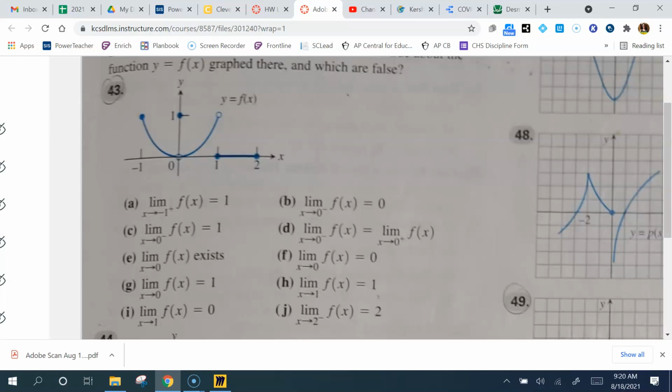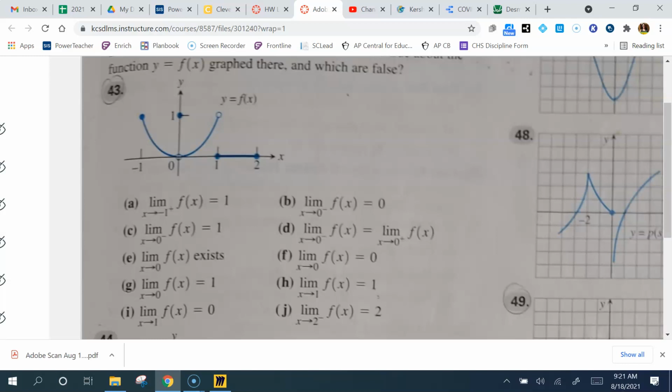You're exactly right. If the left-hand limit and the right-hand limit are the same, the limit exists. So the limit as x approaches 0 is still 0. It exists. But f of 0 is 1. Those don't have to be the same.